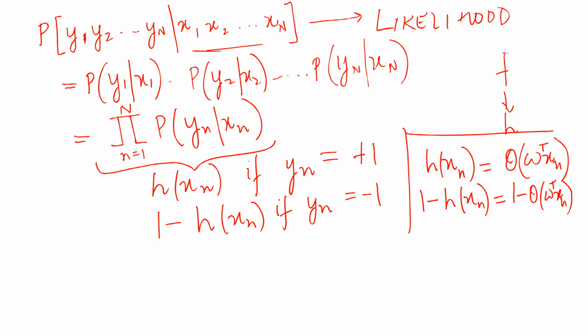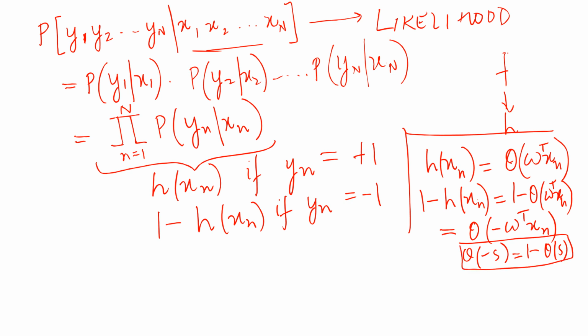If you remember the properties of the sigmoid, we can also write it as theta of minus w transpose x_n, because, let me quickly remind you, theta of minus s is 1 minus theta of s, by this small property here.